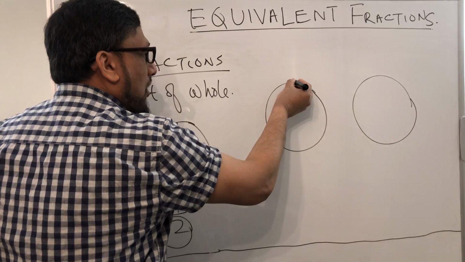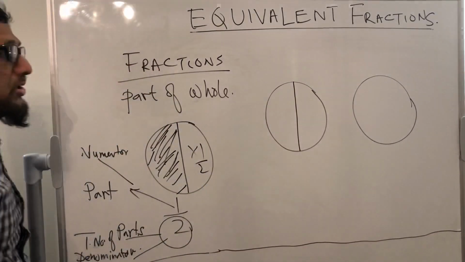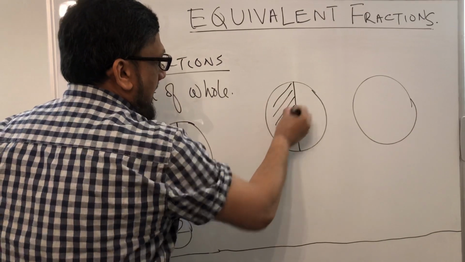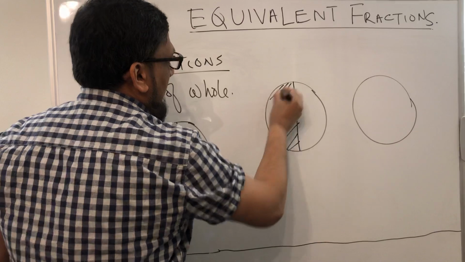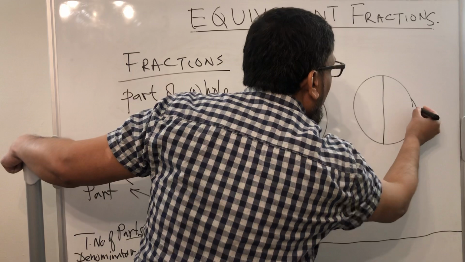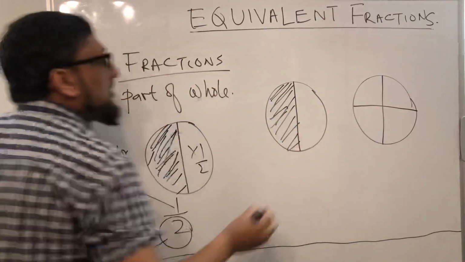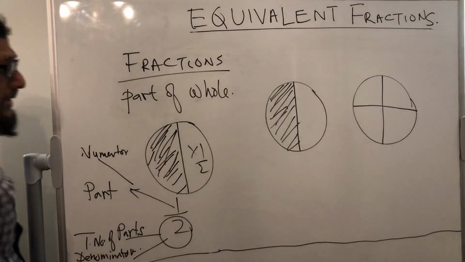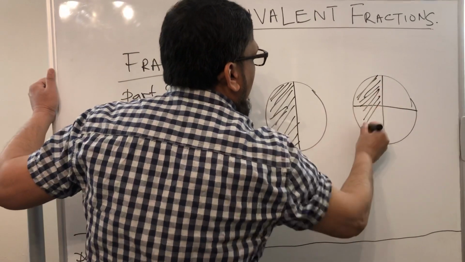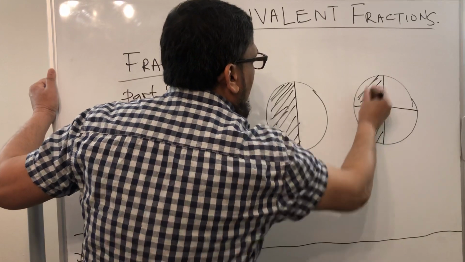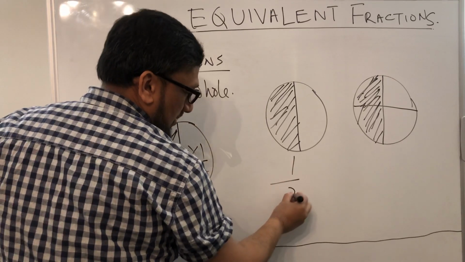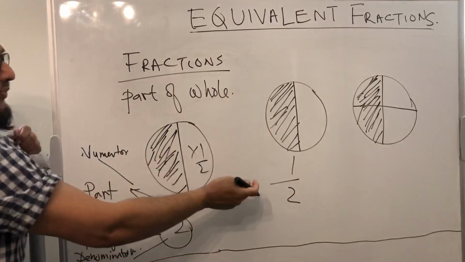I will make two parts for this garlic bread, and I will make four parts for this one. For the first garlic bread, I finish one piece out of two.